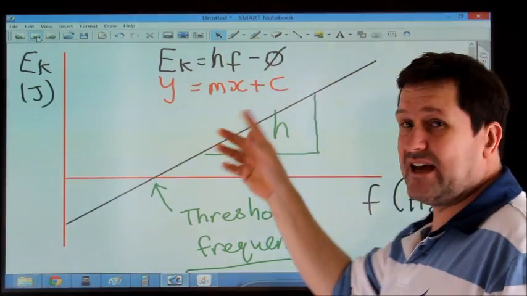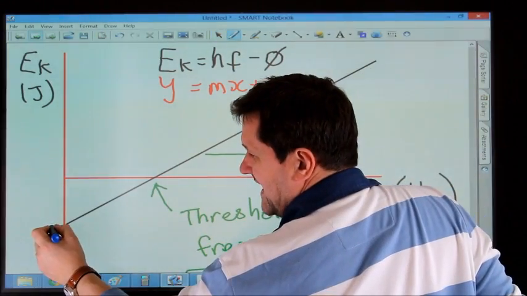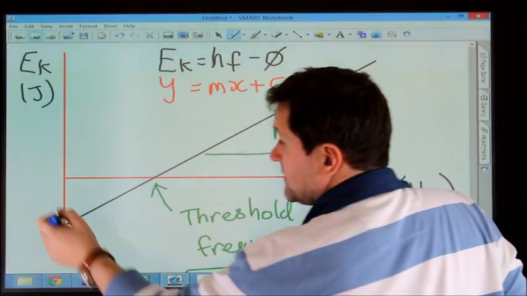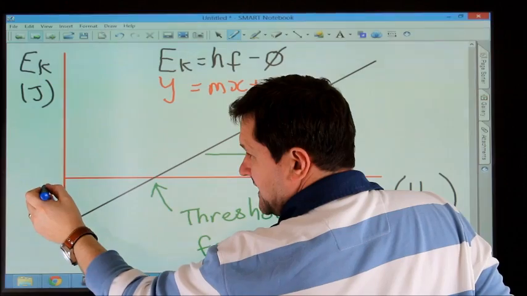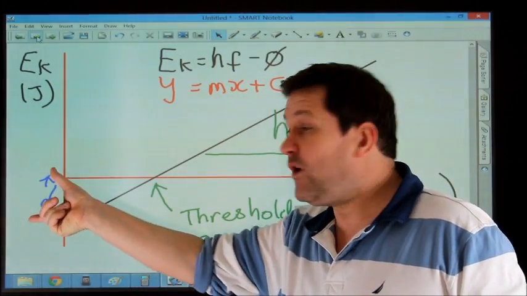Minus phi is our work function, and that tells us that our y-intercept is our work function.